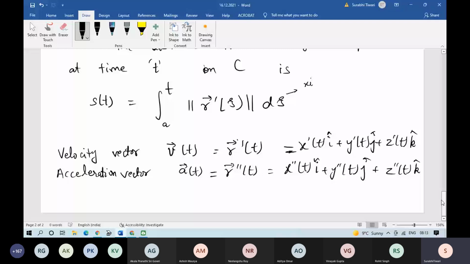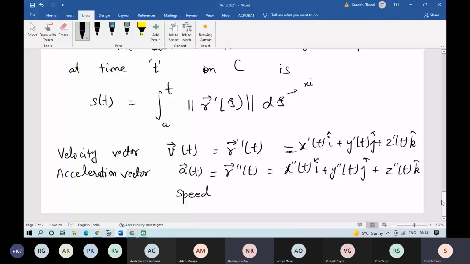Because we use x, y, z to represent the position vector, I have taken some other symbol so that it is not confused with it. The limits are from a to t, meaning we begin from t equal to a. This is the initial point and this is the final point, which will be given because this is at time t. So whatever time is given to you, you put as the upper limit and calculate the distance traveled.